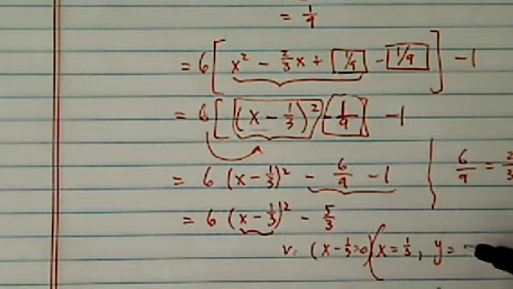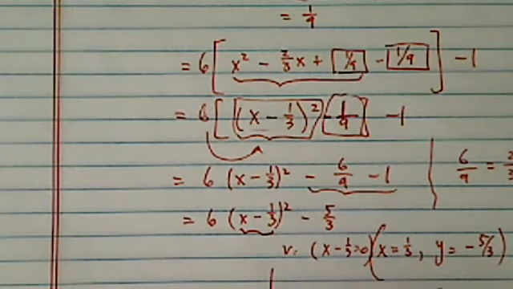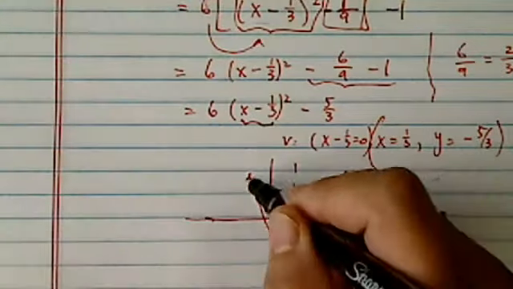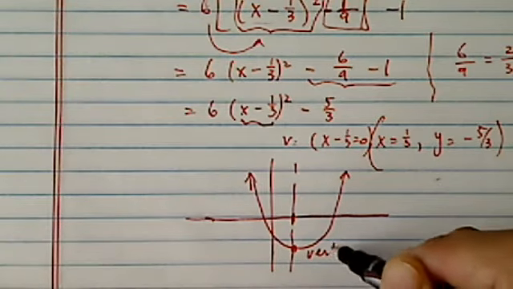And y is equal to minus 5 over 3. That's my vertex. The vertex gave us the location of the symmetry, and here's my vertex.